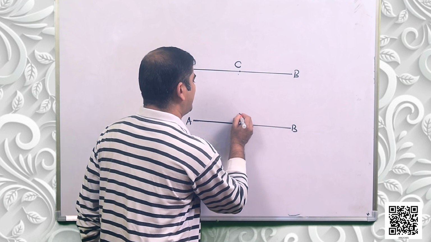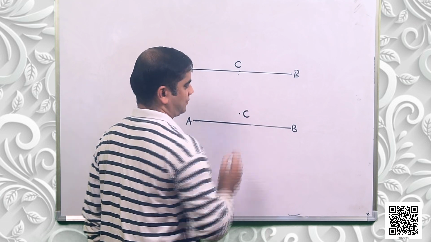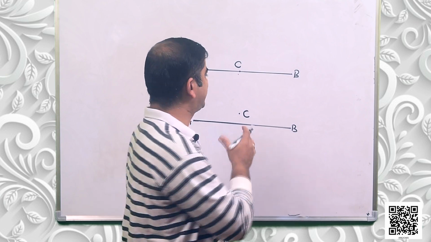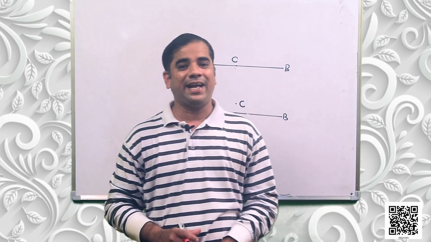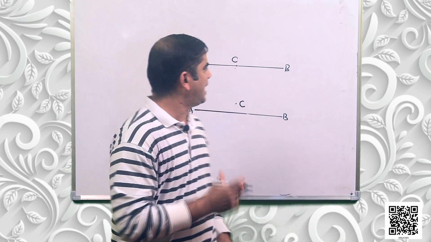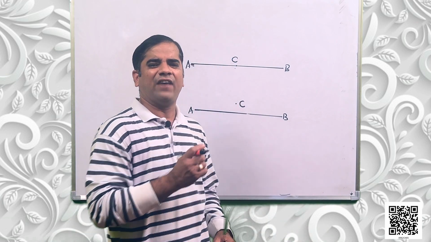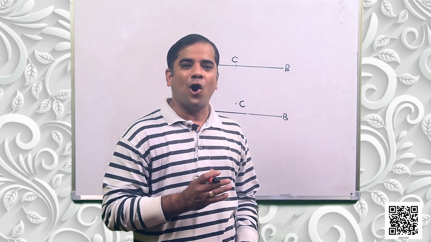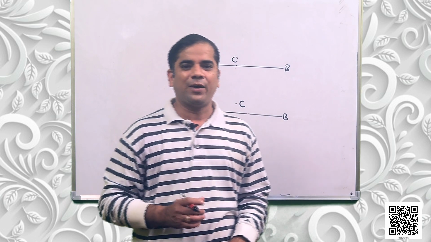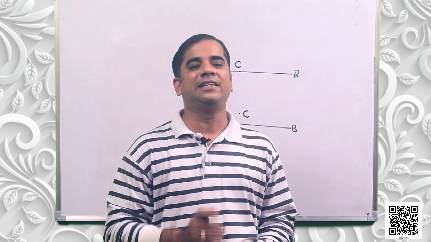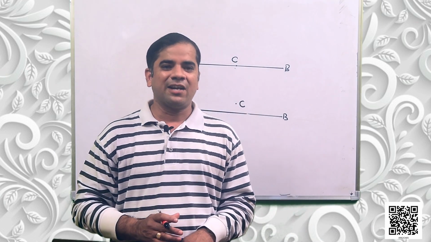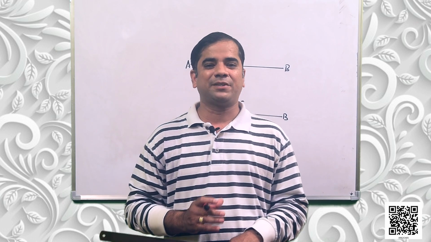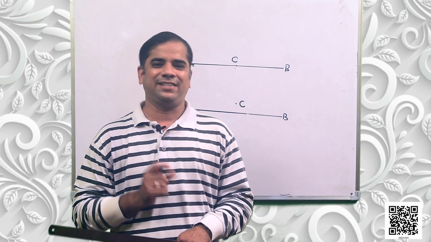So we can have a point C over here. We can definitely have a point C over here. So the question says that do these postulates contain any undefined terms? Exactly. It has some undefined terms like your point, line. These are not defined in these postulates. We can say that these postulates contain some undefined terms like points and lines.